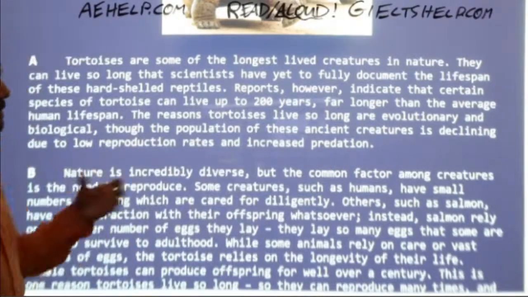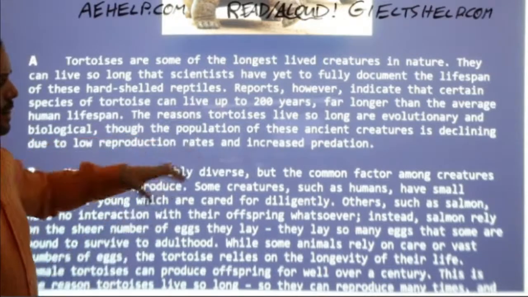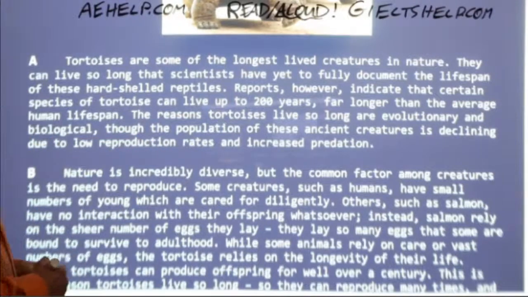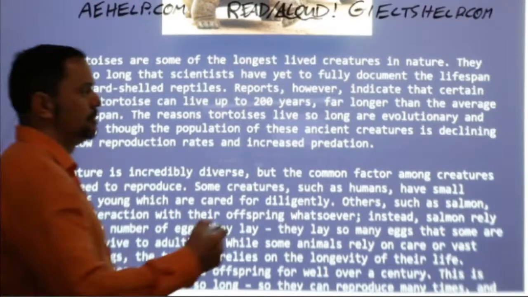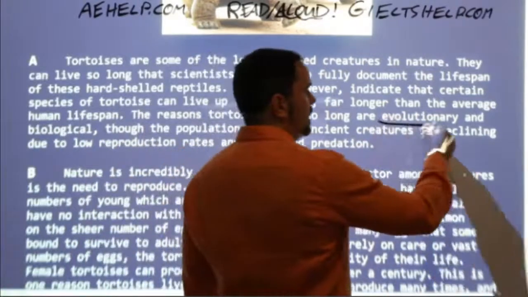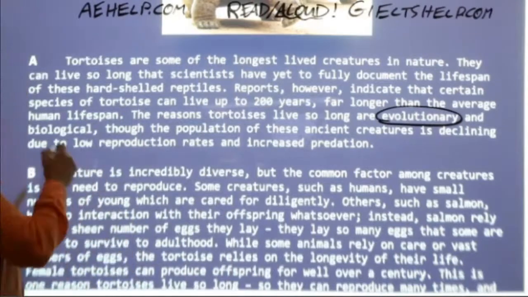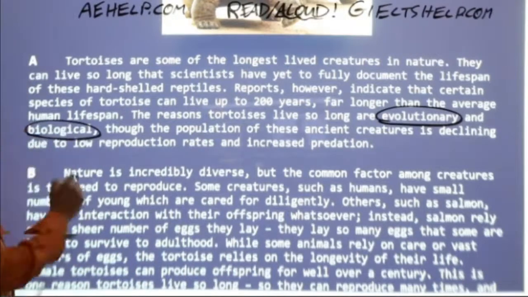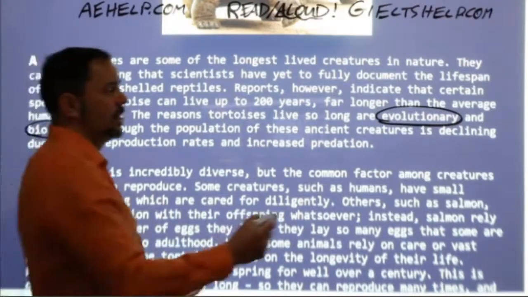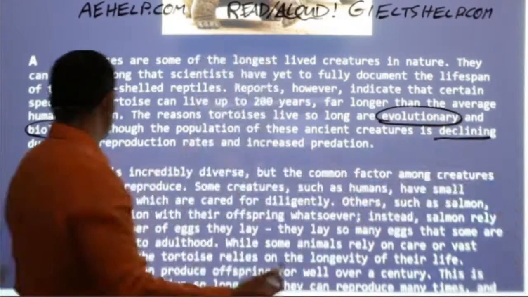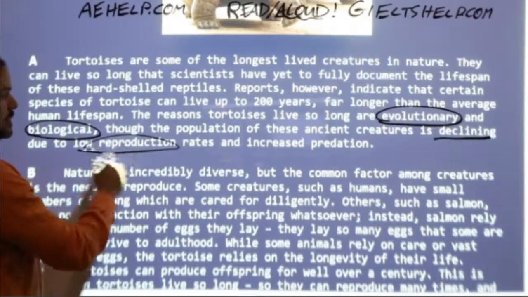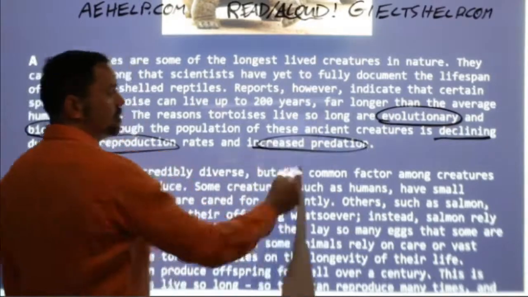So from this part, as an academic reader, I can figure out that the points which will be explained in more detail will be their long life due to evolution, due to biology, and their declining numbers due to low reproduction and increased predation.